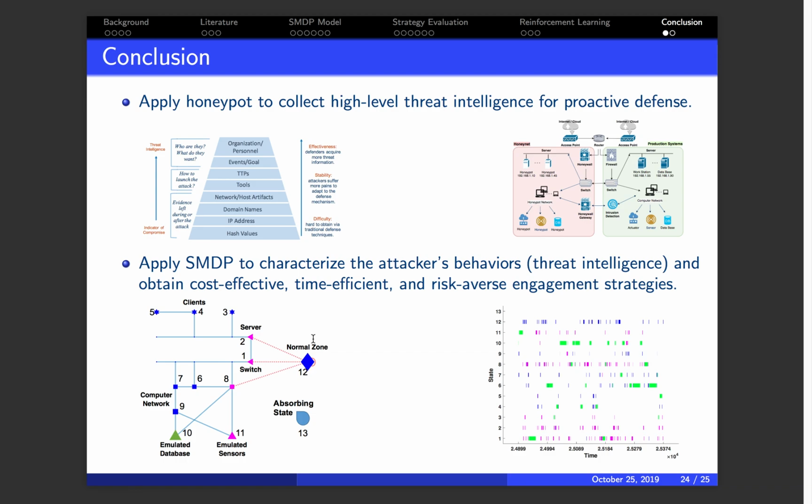So finally, a brief conclusion is that we have applied honeypots to collect high-level threat intelligence, aiming to achieve proactive defense. We have an SMDP model for this attack model, characterize attackers' behaviors, and obtain engagement strategies that are cost-effective, time-efficient, and risk-averse.